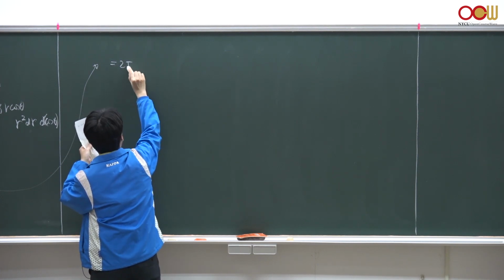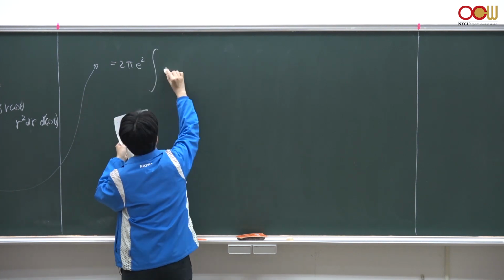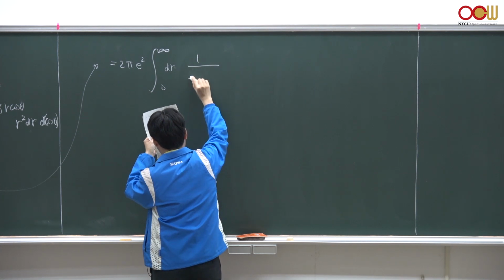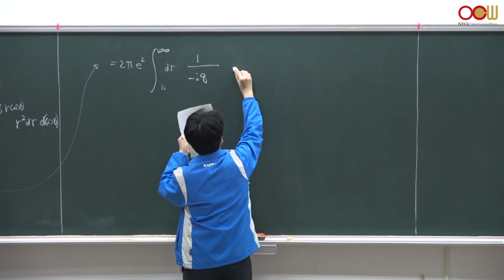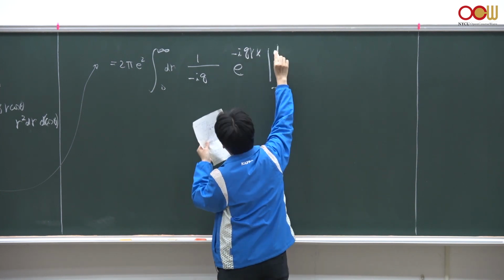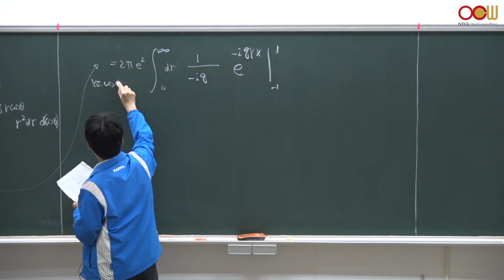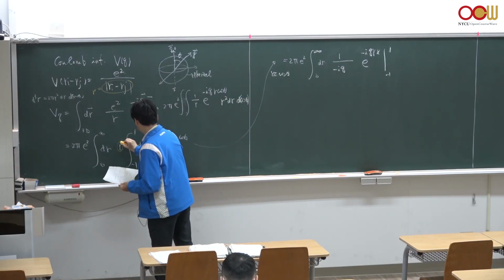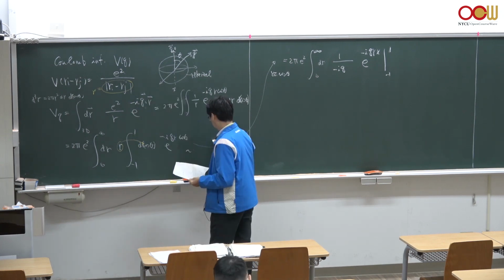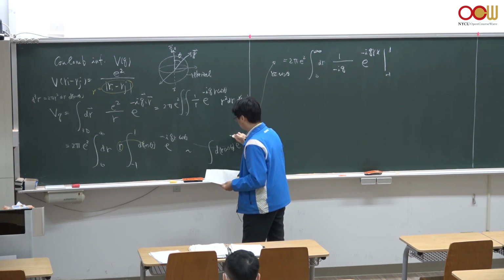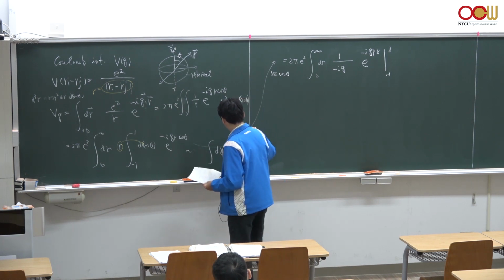So 2 pi e squared dr and minus i q e to the minus i q r x, where x is cosine theta. So you could rearrange this term so that this r could be inside of the cosine theta. So this is r cosine theta, and e to the minus i q r cosine theta.